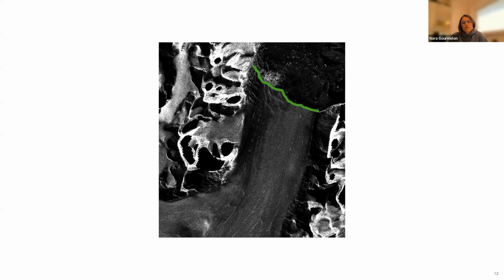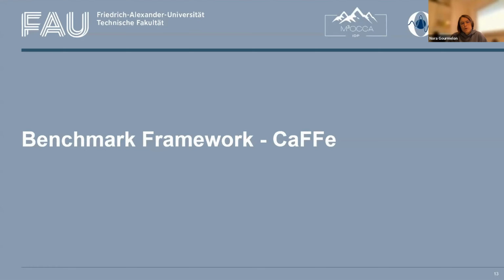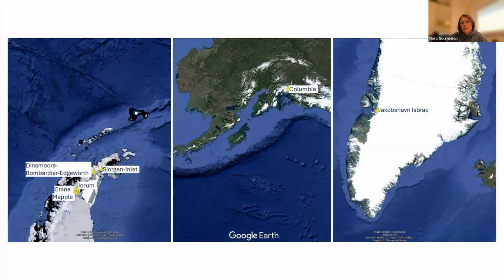Okay, so to tackle this task of calving front segmentation, we came up with a benchmark framework, which we call CaFFe. It's short for calving fronts and where to find them. And within the framework, we have a benchmark dataset, which comprises 5 glaciers in Antarctica, 1 in Alaska, and 1 in Greenland.